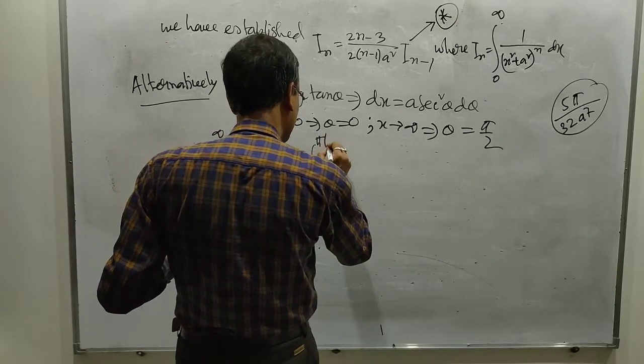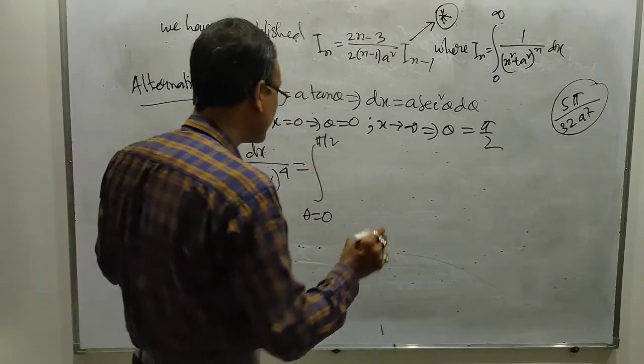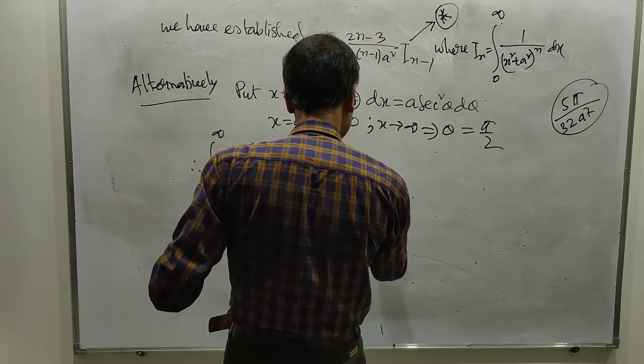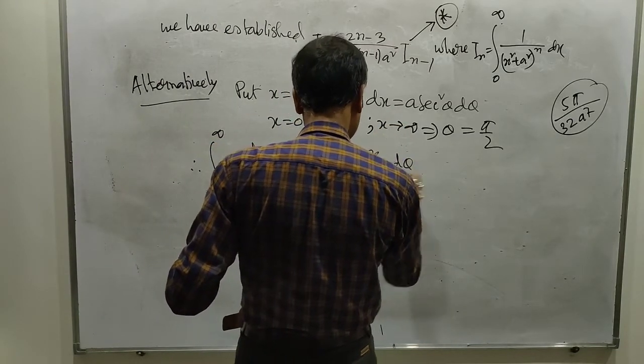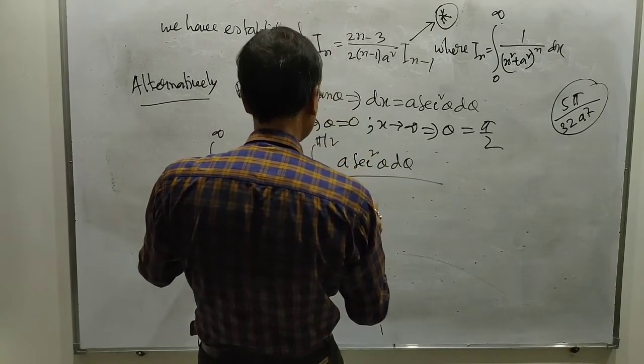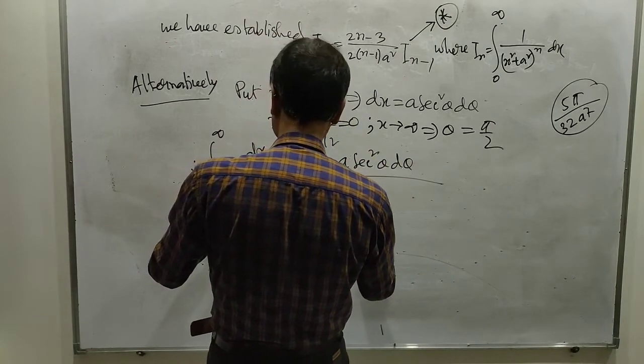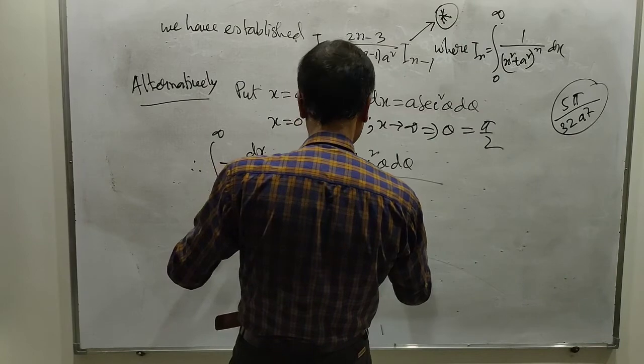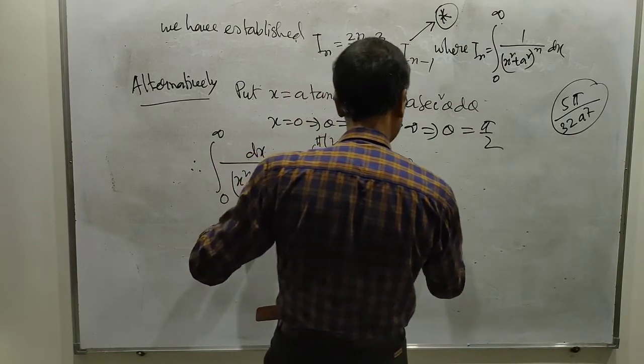theta equal to 0 to pi by 2. For dx you may write a sec square theta d theta divided by a square tan square theta plus a square, whole to the power 4.